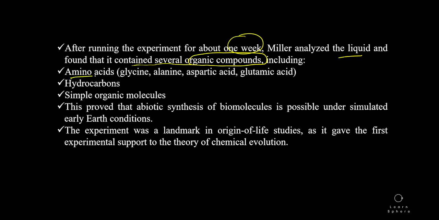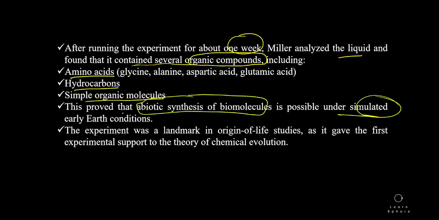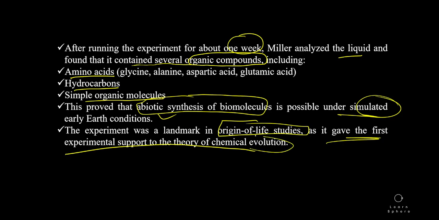Those organic compounds were amino acids, hydrocarbons, and simple organic molecules. This proved that abiotic synthesis of biomolecules is possible under simulated early Earth conditions. This experiment was a landmark in origin of life studies, as it gave the first experimental support to the theory of chemical evolution.